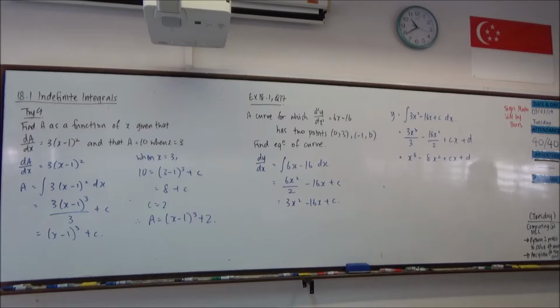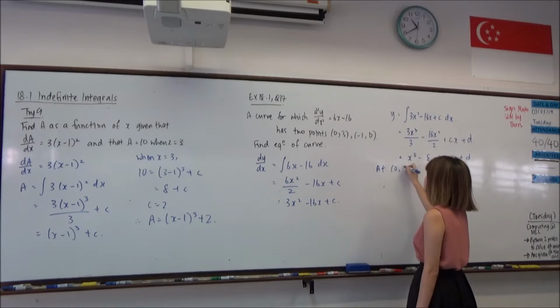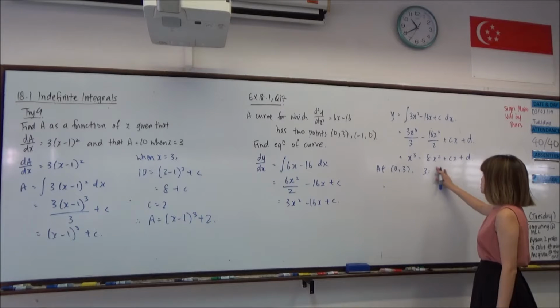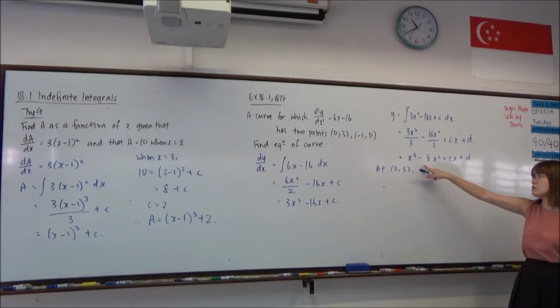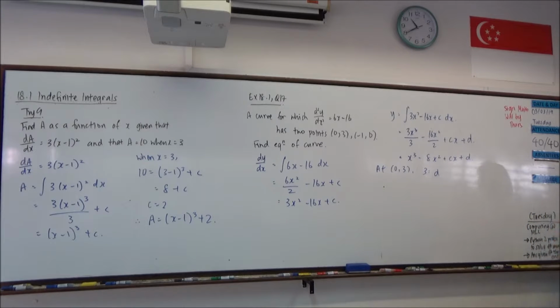Okay, but is this the end of the question? What do we have to do next? We have to find c and d, right? So we have to make use of the 2 points that we are given. Find out what c and d are. So when x equals 0, all these 3 terms will become 0. So basically d equals 3.